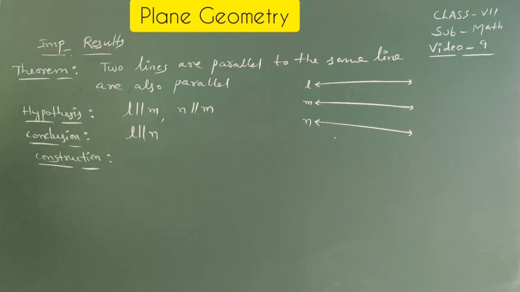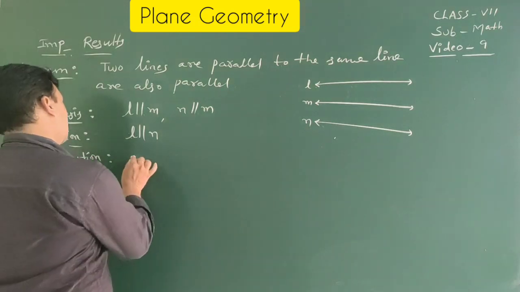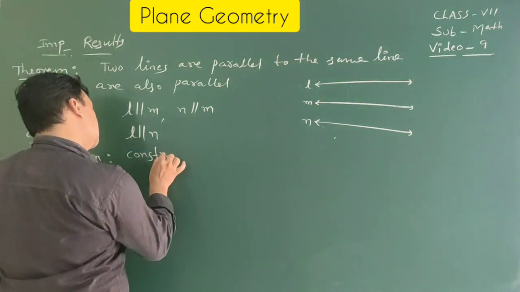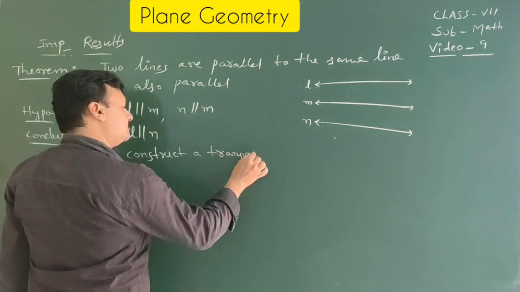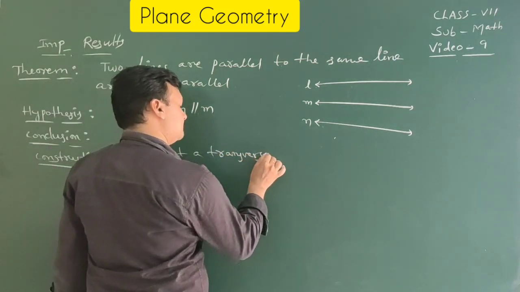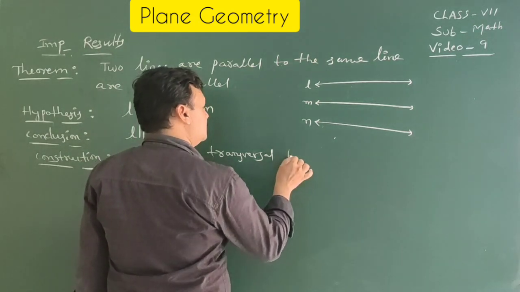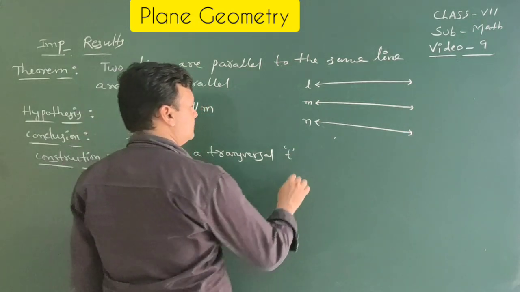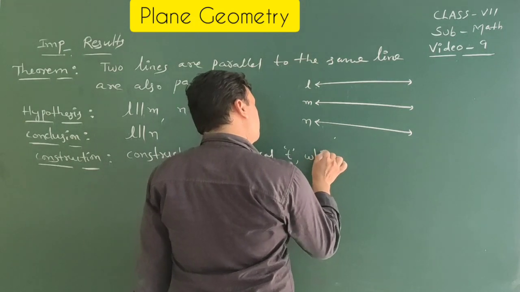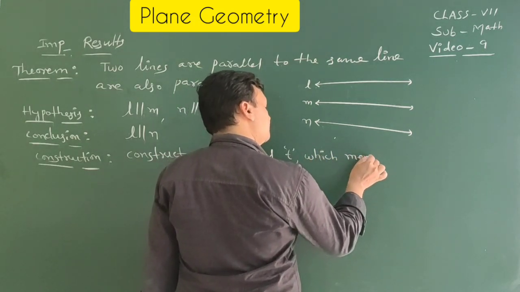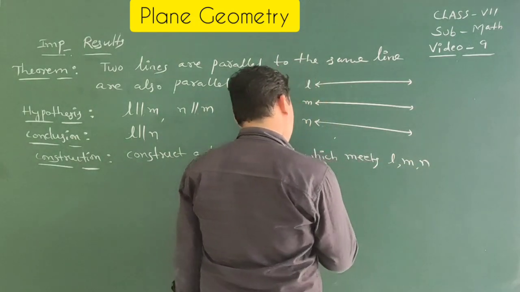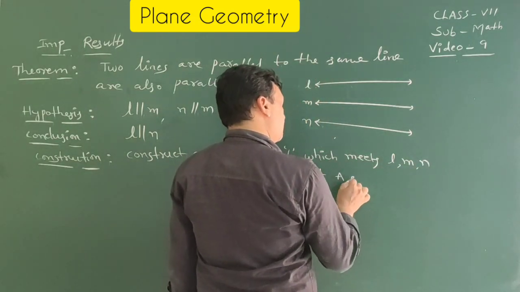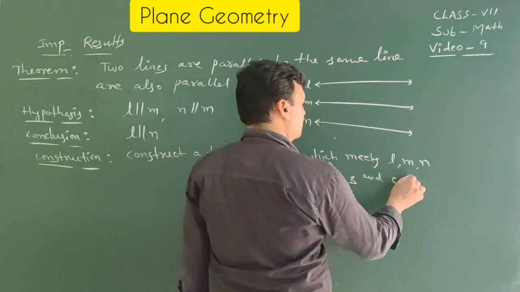Till now, we did many problems based on transversals. That's why construct a transversal. Construct a transversal T, which meets L, M, N at A, B and C respectively.